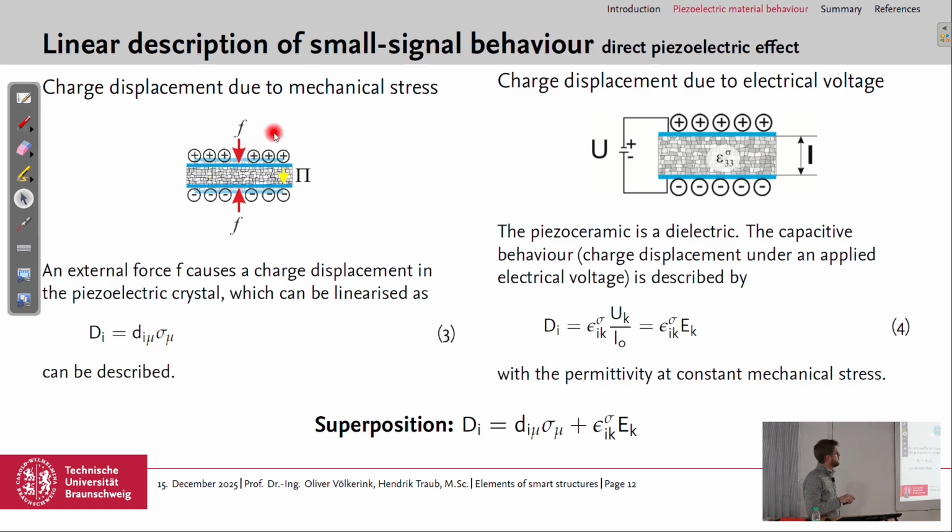So F divided by the area gives us the stress here, and this then leads to the electric displacement. And the same could be done the other way around, so to say.